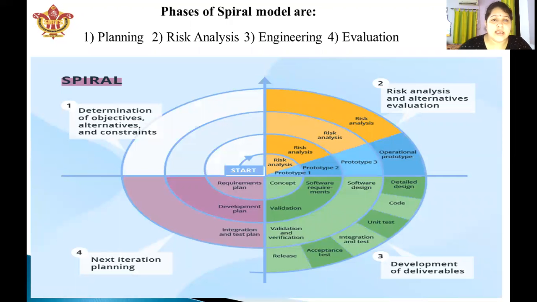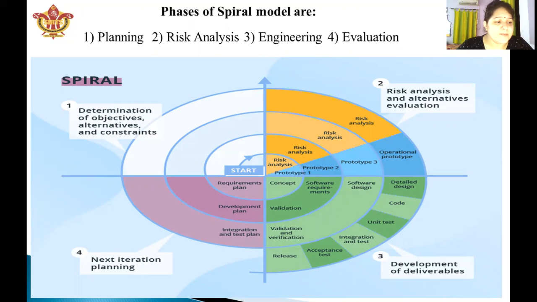Here you can see the phases of the spiral model. The spiral model completes its execution with the help of these four phases. As I already told you, the first one is planning, the second is risk analysis, the third is engineering, and the fourth is evaluation.